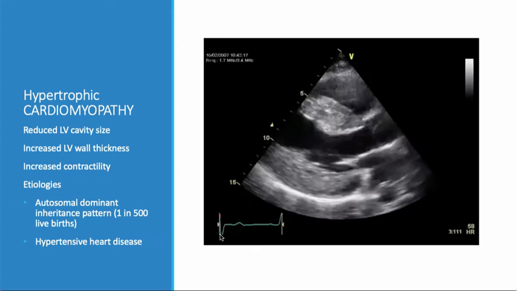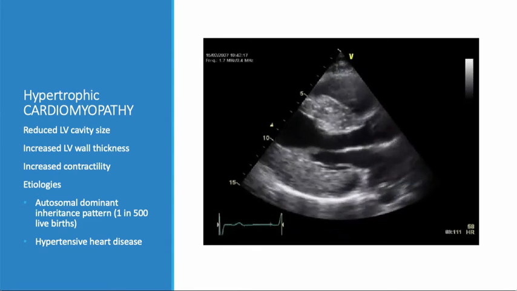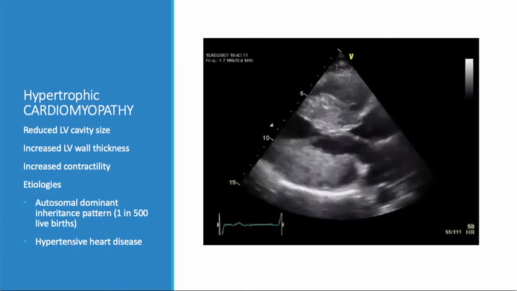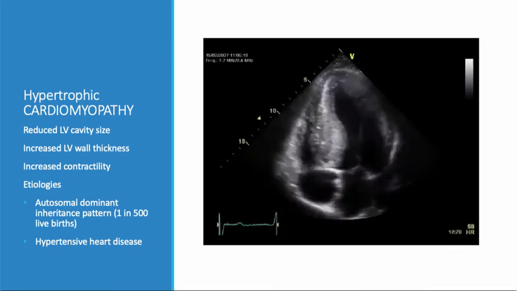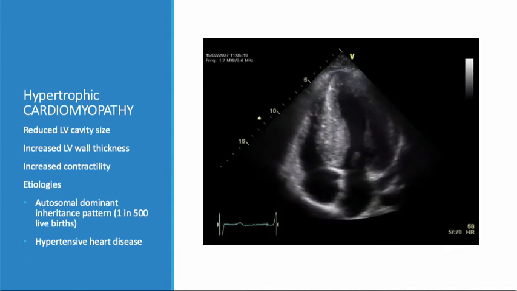Oops, I switched to the wrong one. So again, this is the hypertrophic cardiomyopathy where the LV cavity size is diminished because the walls are so thick. And that means that it's hard for the heart to fill.